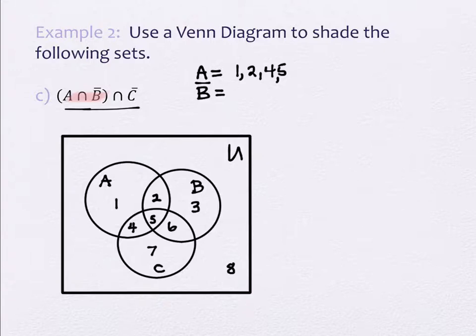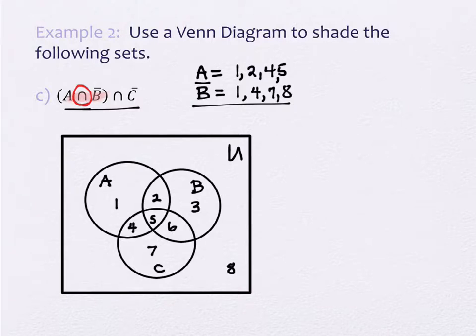Now, B complement is the outside of circle B. So what numbers are outside of circle B? 1, 4, 7, and 8. And then we consider what symbol is being used to compare these two sets. What does this symbol mean?